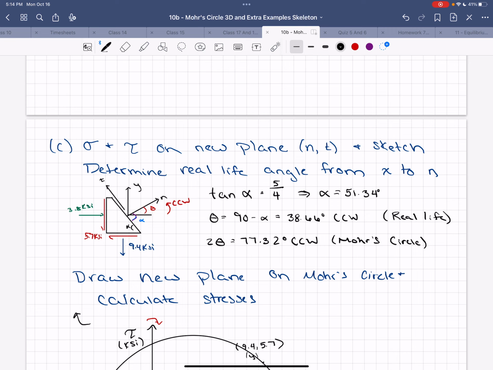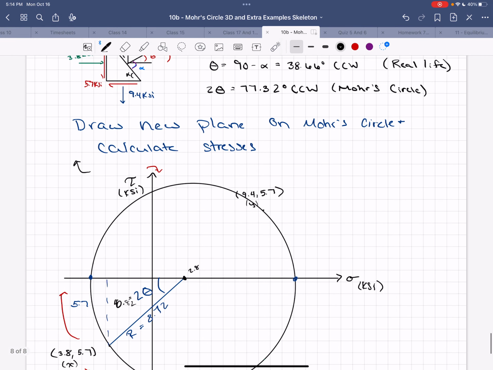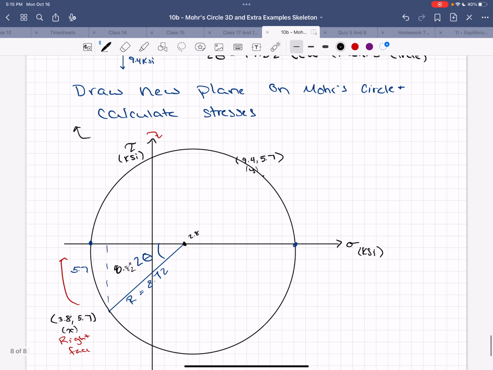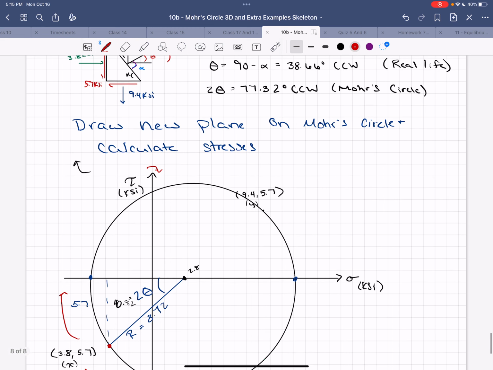So I did my trick where I copied my Mohr circle down here. So now what we're doing is we have our x face, and it's here at 3.8, and now we need to move over which direction?